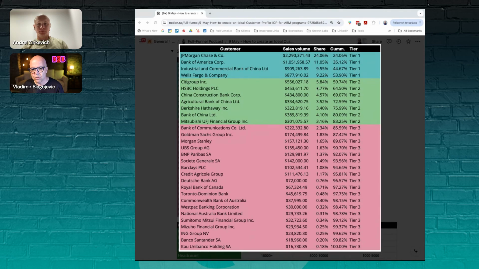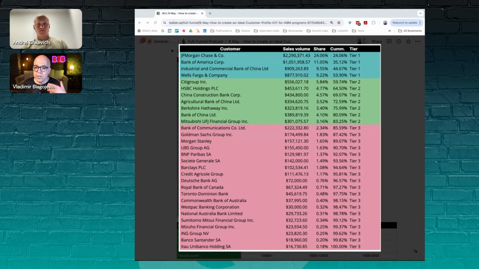So low single figures, like between 3 to 5%, and then you have 1%, 2%. Maybe we could have also taken this one, 2% and lower, right? So when you see a big drop, this is where you could draw the line, right? So this is one very practical way to define those tiers.